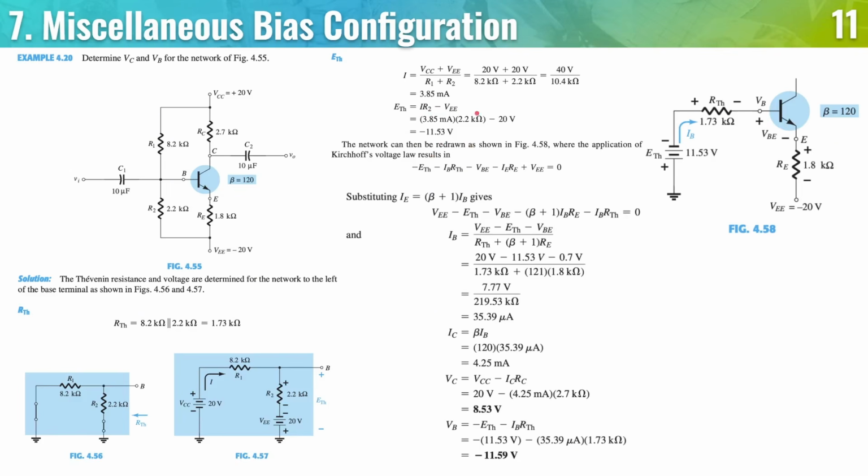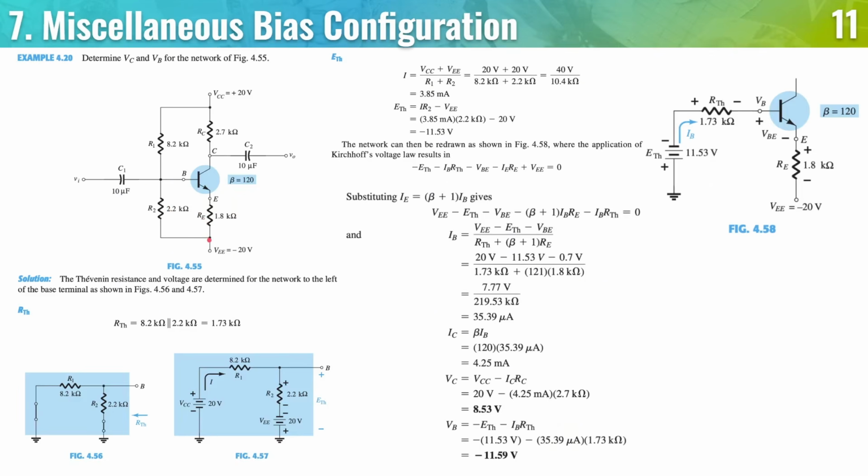Then we also have 3.85 milliamps times 2.2 kilo ohms minus 20 volts is equal to negative 11.5 V. So again, we got 11.53 going this way.